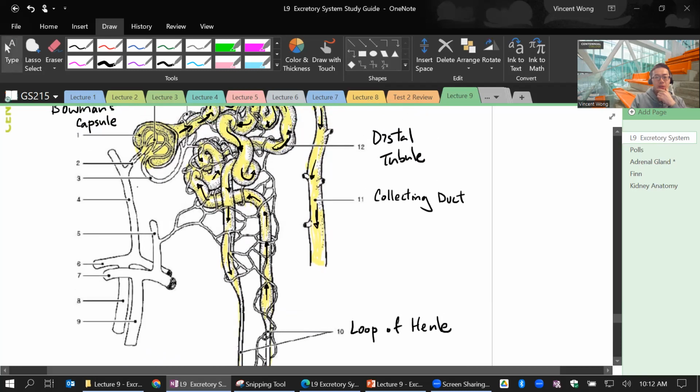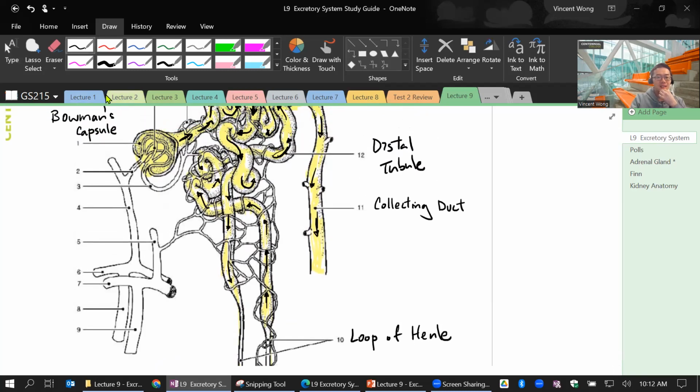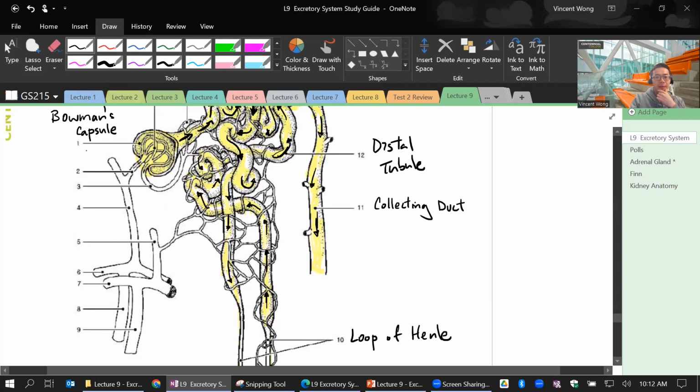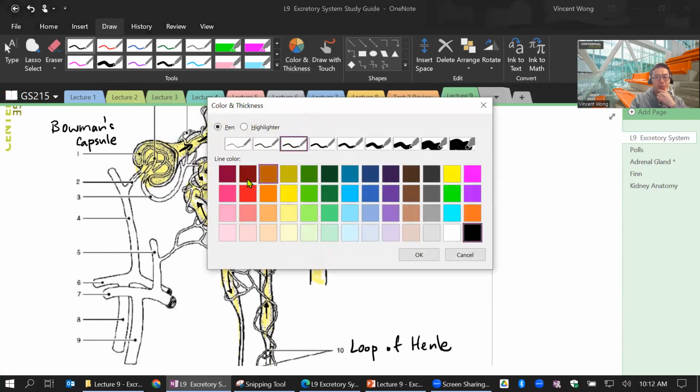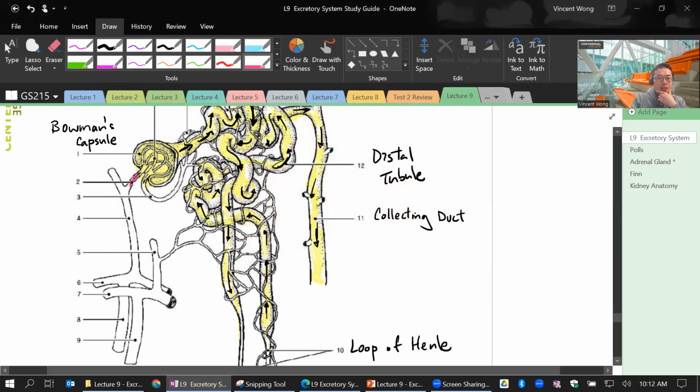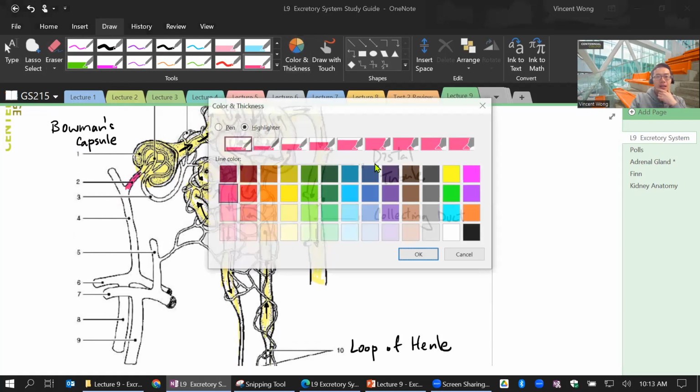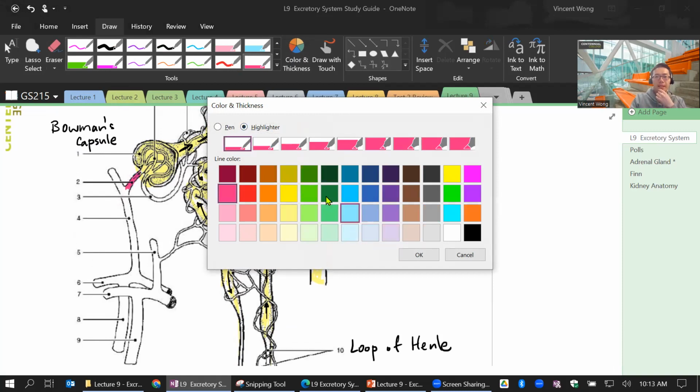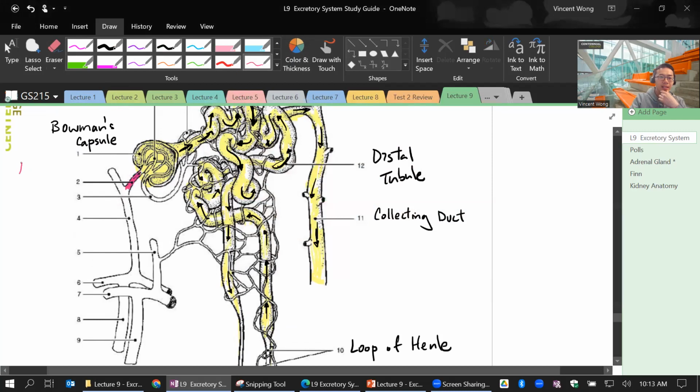Now to do the blood vessels, that is a little bit of a chore, but we just have to do it. So this one goes in, feeds into it, and hopefully you would know by now that is the afferent arteriole, AFF.